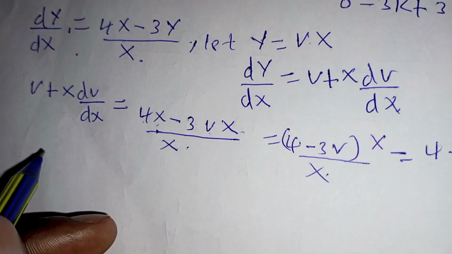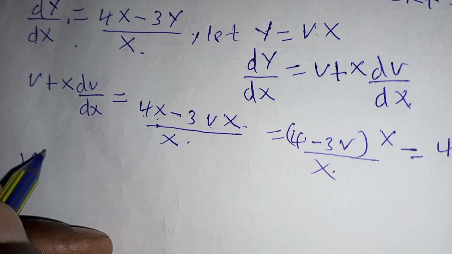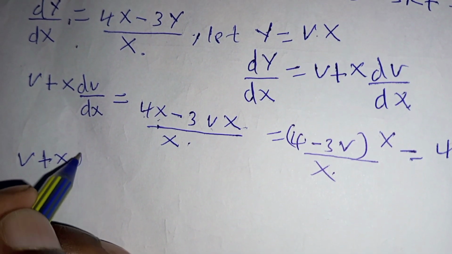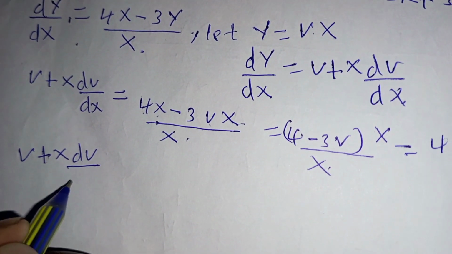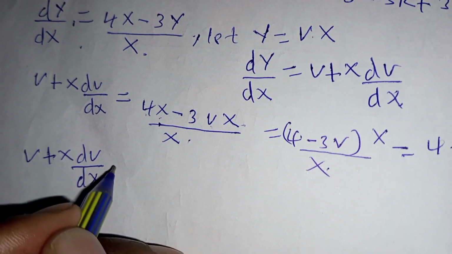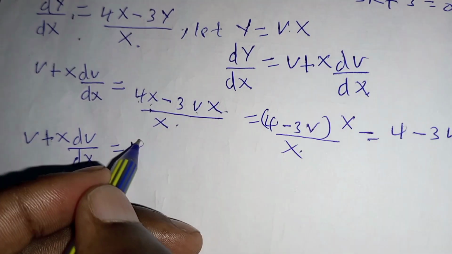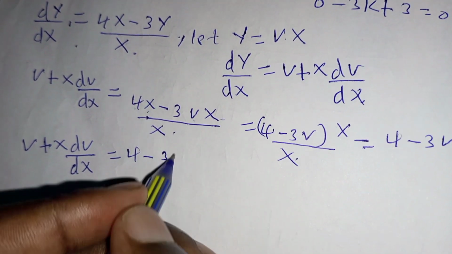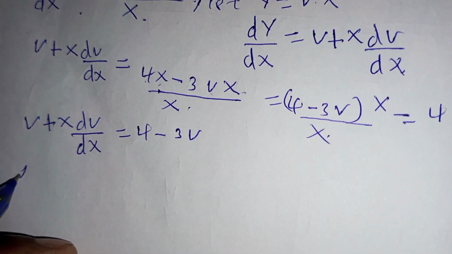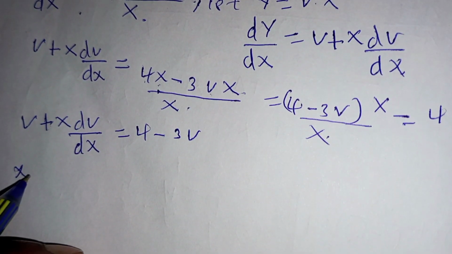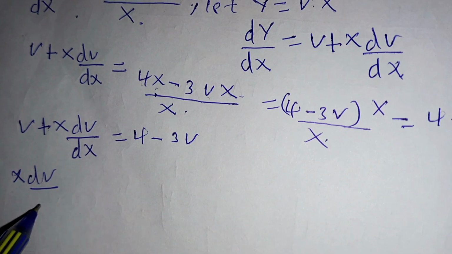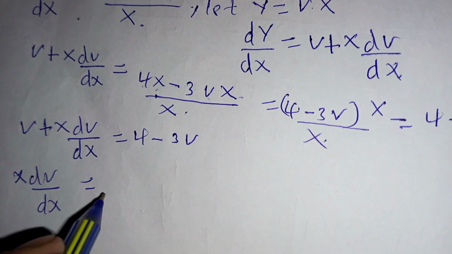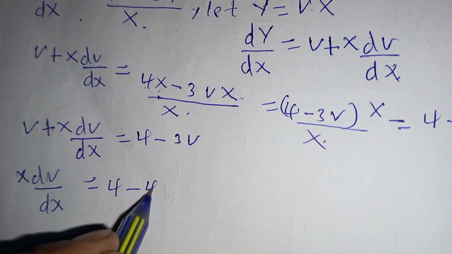So you have v plus x dv over dx is equal to 4 minus 3v, so x dv over dx is equal to 4 minus 4v.